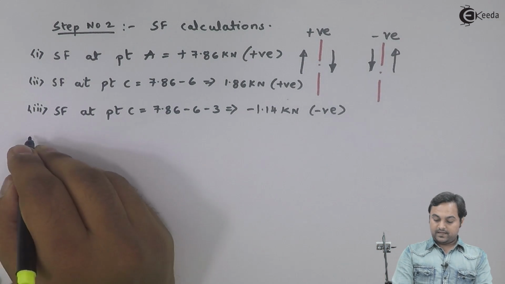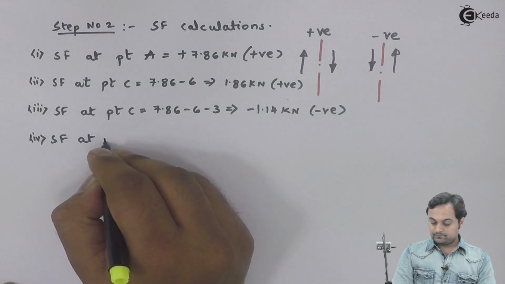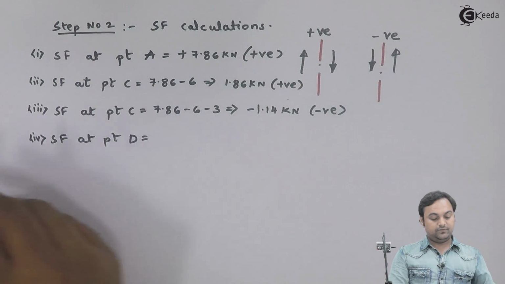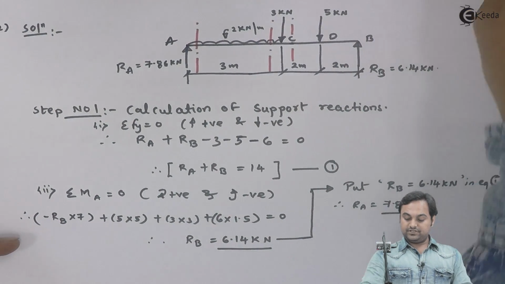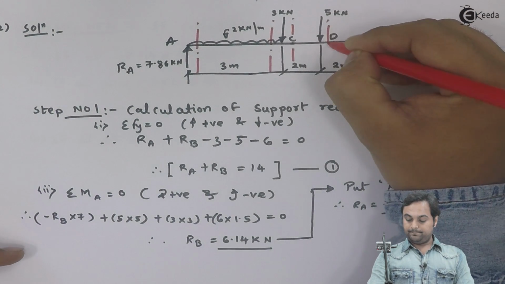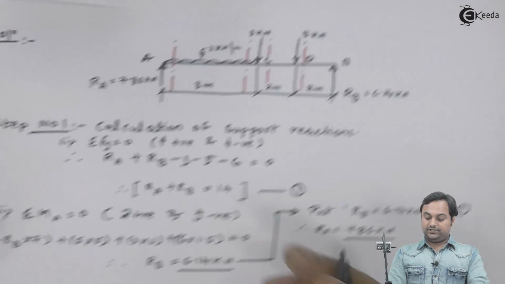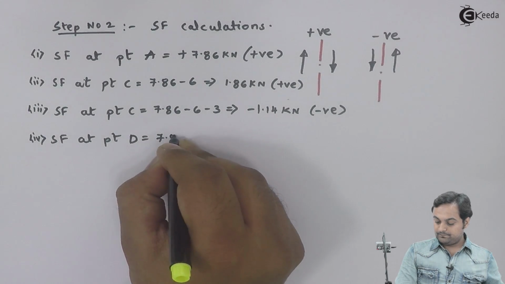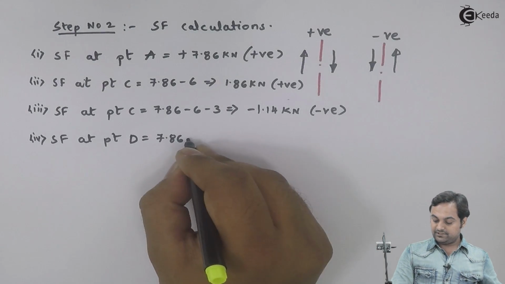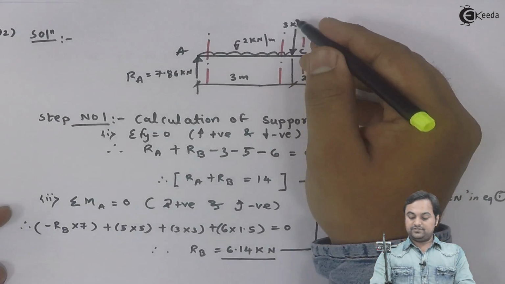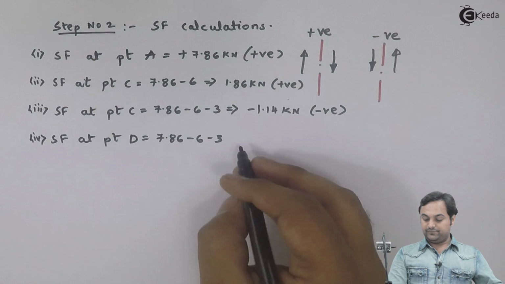Then I would be calculating SF at point D. I am taking the section just to the right of D, so to the left of the section I have 7.86 upward, 2 into 3, that is 6 in the downward direction, then 3 is also downward to the left, so negative, 5 is also downward to the left, so negative.